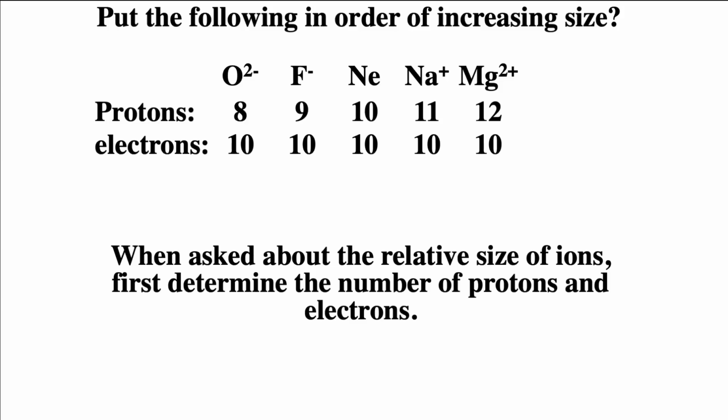And so the stronger the electrostatic attraction, the smaller the size. And so if we look at it, the biggest number of protons should give us the stronger attraction, right? They all have the same number of electrons, so they should have the same amount of shielding, but the more protons in the nucleus, the stronger attraction, the smaller. And so the magnesium +2 should be the smallest, and oxide ion -2 should be the largest.